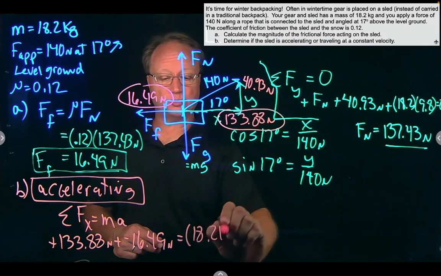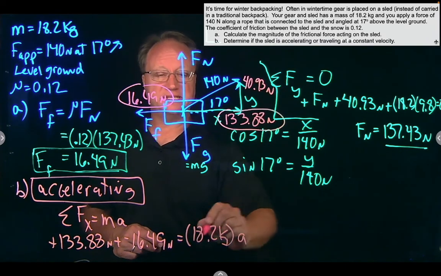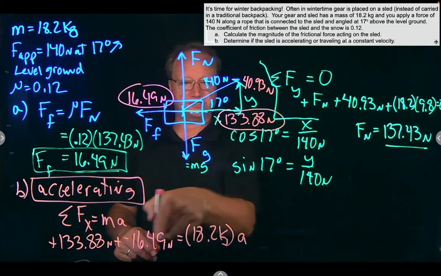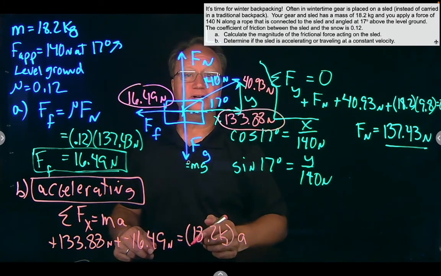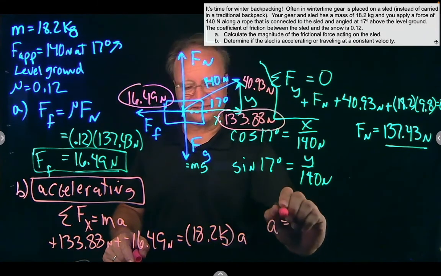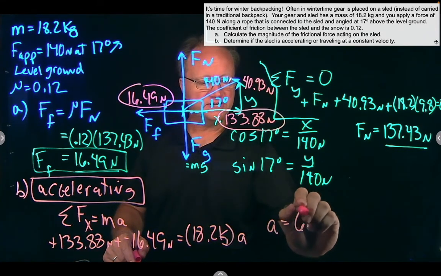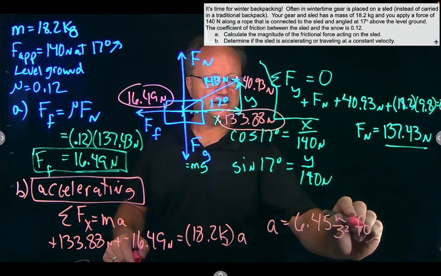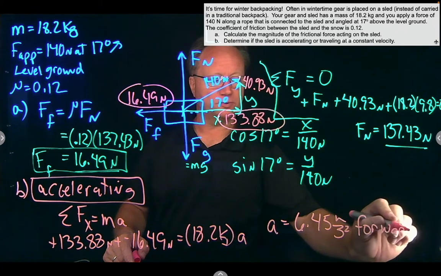Mass is 18.2 kilograms, and then times a. And then do the algebra, combine your forces, divide by your 18.2 to be able to calculate what that acceleration is. Solving that down, we get an acceleration of 6.45 meters per second squared. And that's going to be in a forward direction.